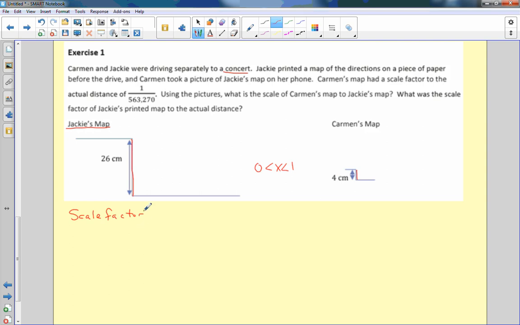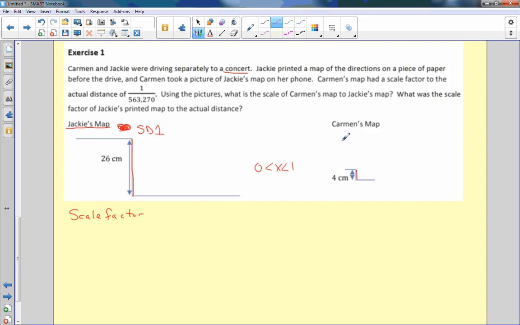So anyway, scale factor. Let's see, what could we name them? Okay, let's not worry about naming them anything. What I want to do is compare one to the other. This is scale drawing 1. What happened was Jackie printed the map on a piece of paper. That's scale drawing 1.